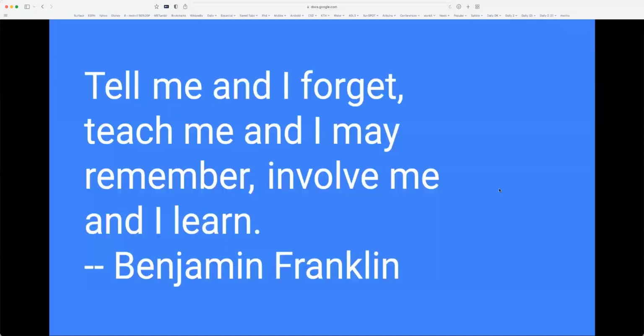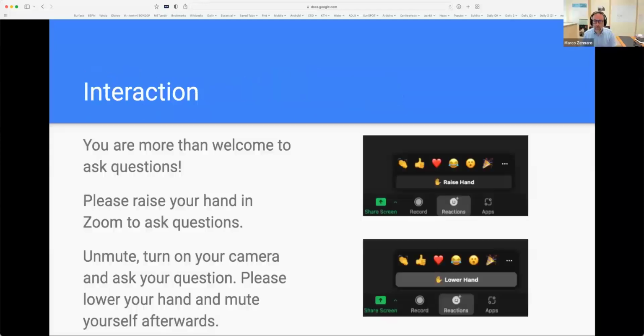So what is the philosophy of this workshop? It is described by this quote by Benjamin Franklin. So tell me and I forget, teach me and I may remember, involve me and I learn. So we really want to have this workshop as interactive as possible. So you're more than welcome to ask questions. If you have any question at any time, please raise the hand using Zoom.